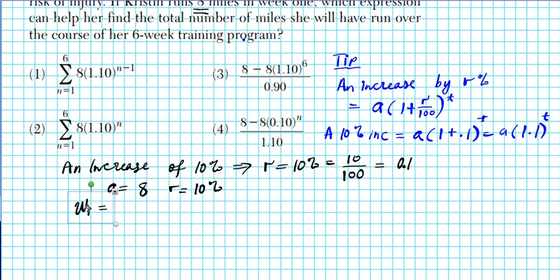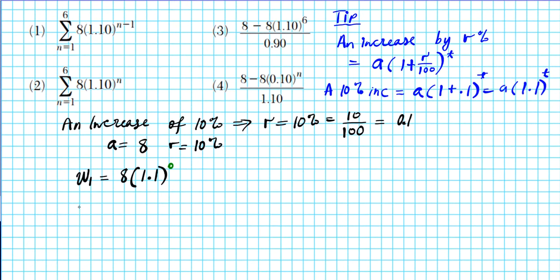So at week 1 she runs 8 miles, and we have 1.1 raised to what power in order to get 8? We raise this to the 0th power. Now, what happens in the second week, week 2? We have the initial amount, which is 8 times 1.1 raised to the first power.